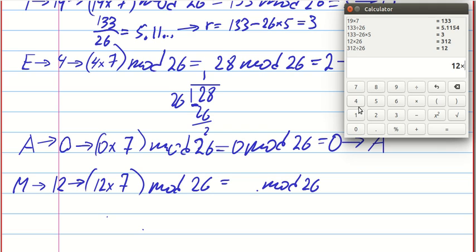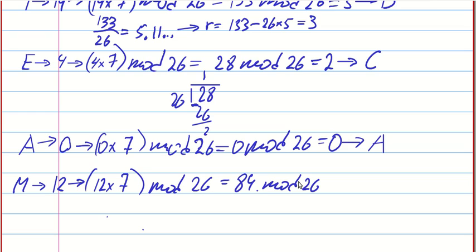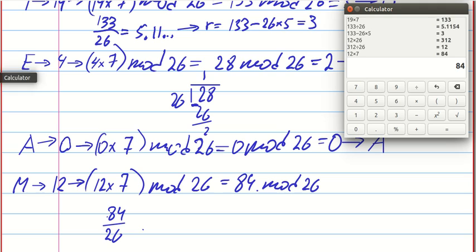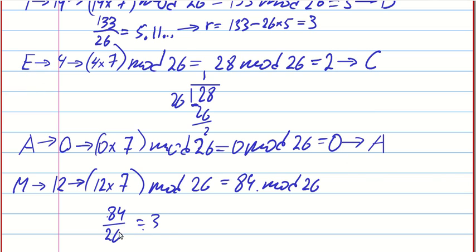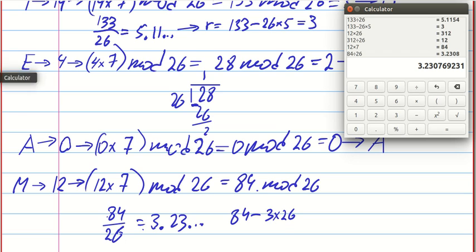12 times 7 is 84. 84 mod 26. So it's 84 divided by 26. It's easy to get confused here, so be extra careful. So what does it mean? 3 times 26 goes into 84. So it's 84 minus 3 times 26.